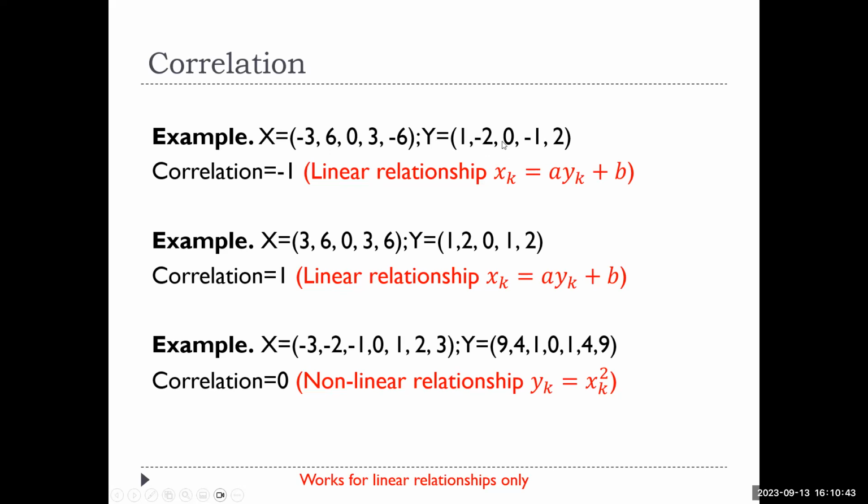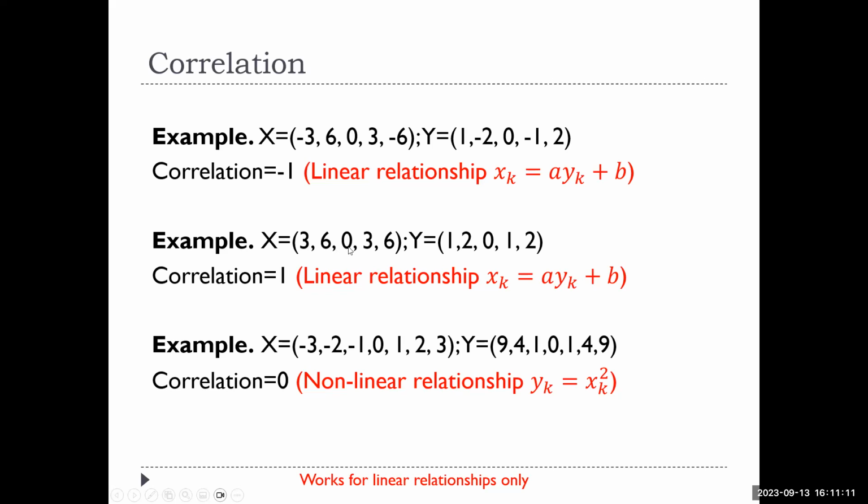So you realize that they are very similar. If you multiply y by -3, you get x. So x and y are correlated, but correlated in the negative direction. So there's a linear relationship.